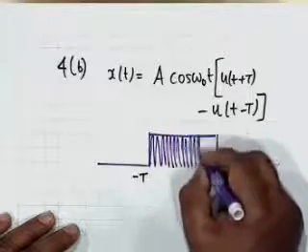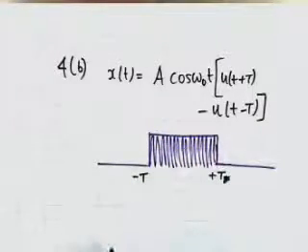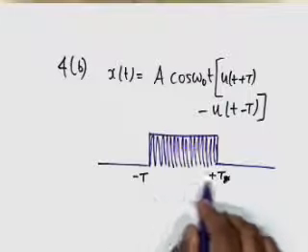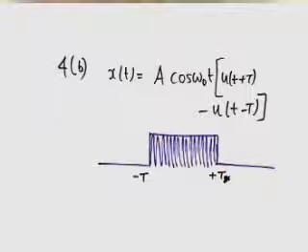It's a burst of cosine functions within a small interval, and the smaller this interval, that is 2T, is, the higher is the resolution of the radar. Radar, as you will learn later, is used to detect objects in the neighborhood by radio means.